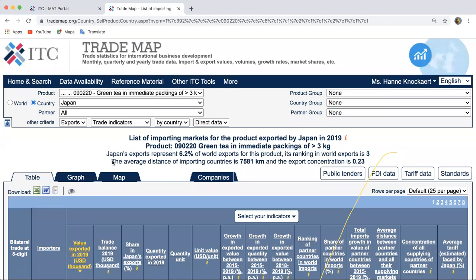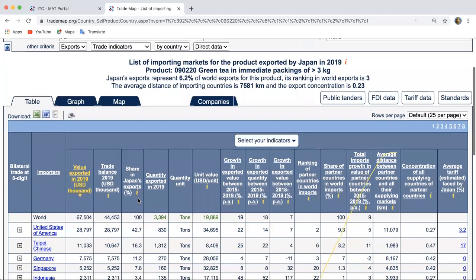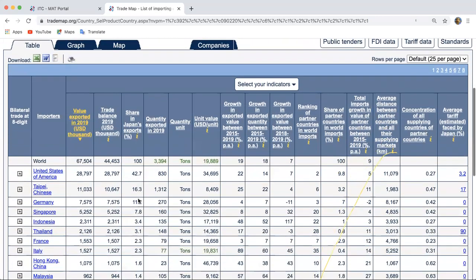The average distance of importing countries from Japan for green tea is 7,581 kilometers, as we saw before in the previous table as well. And the export concentration is 0.23. We said that everything above 0.18 is highly concentrated, so Japan exports mostly to a few large importers.